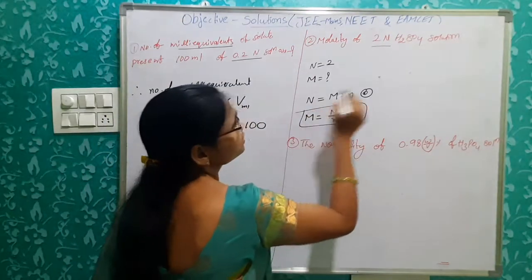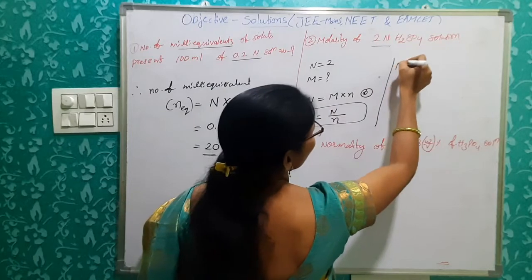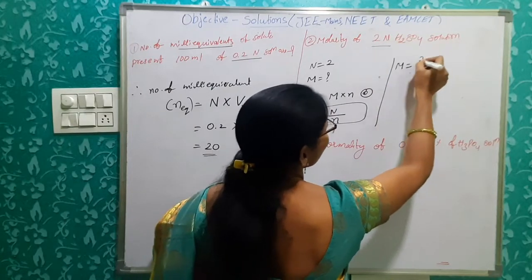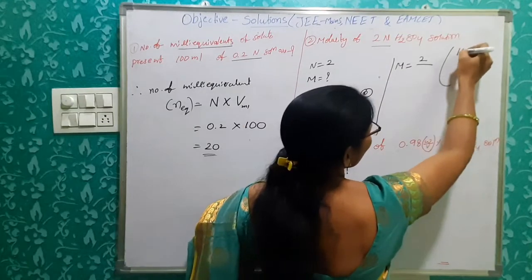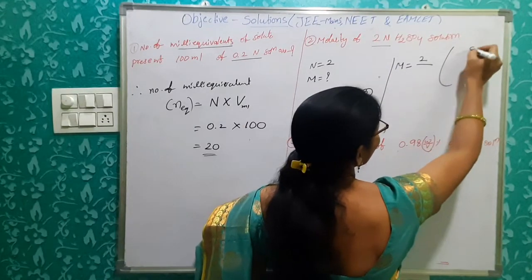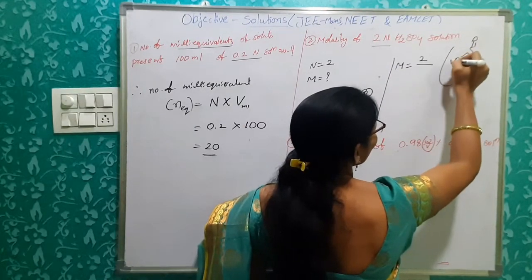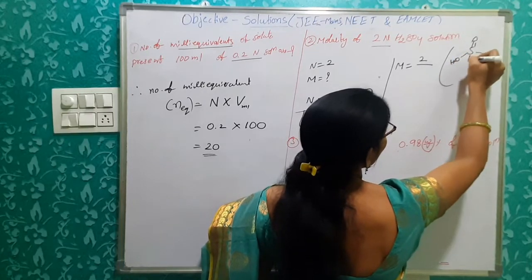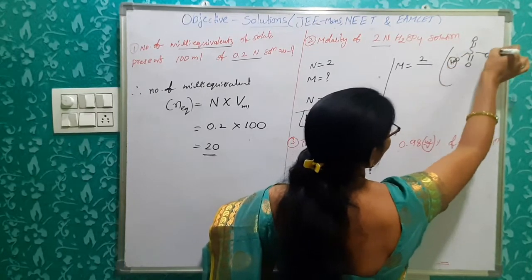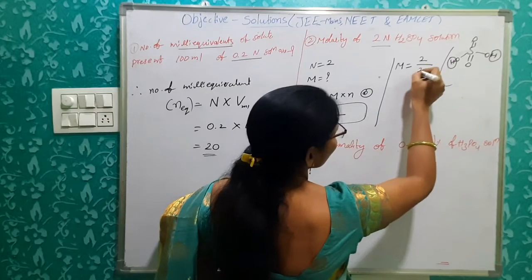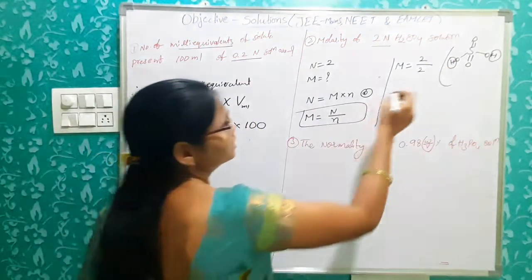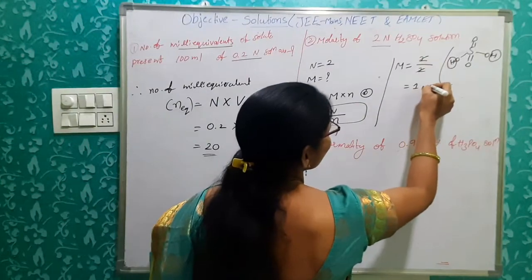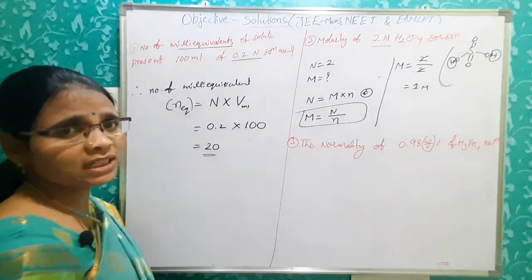Here M is equal to normality, given as 2, by the basicity of that acid. For H2SO4, the structure is S double bond O, OH, OH, S double bond O, so the number of replaceable hydrogen atoms is 2, that is the basicity of the acid, nothing but the valence. So how much? 1 mole per liter.